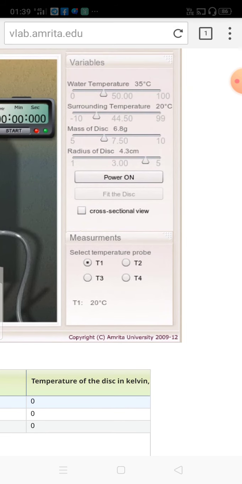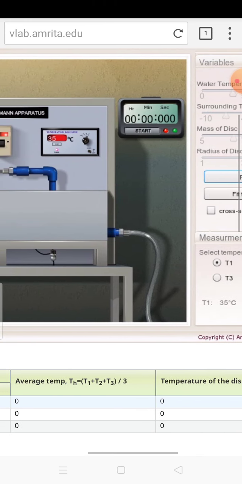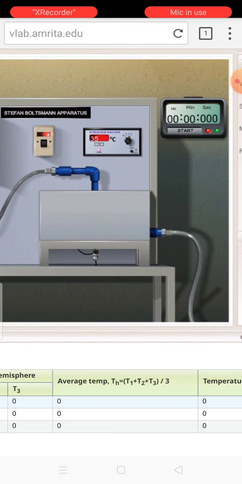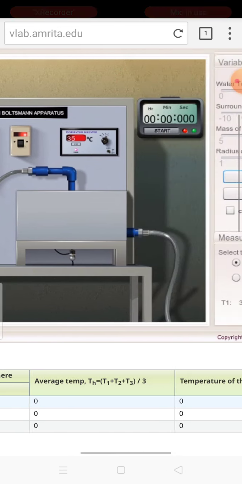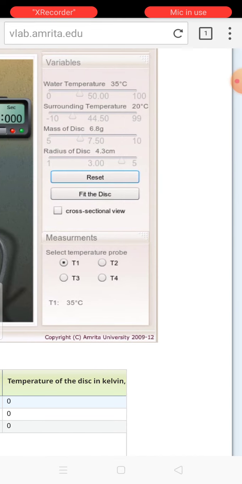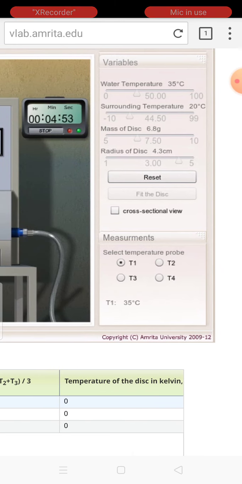Now first you move the power on switch. What you find while you move it is that the temperature is showing 35 degrees. Then you see I am feeding the disc. Then you see the values are changing until they come to stabilization.